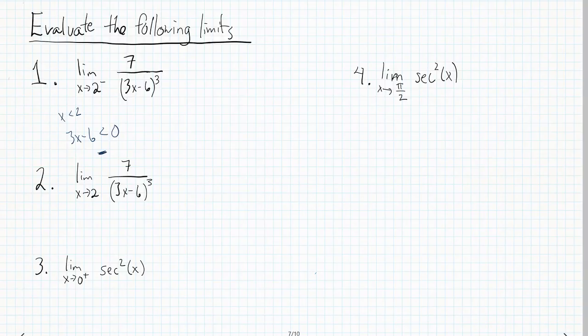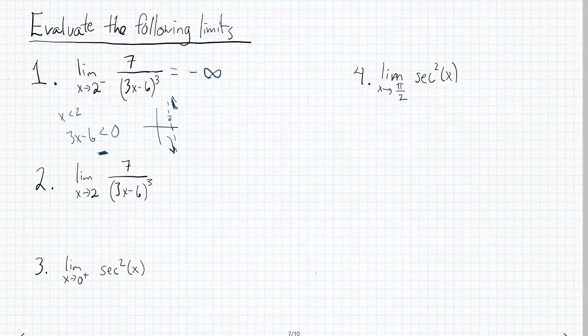So this thing is negative. So you have 7 over something approaching 0 from the negative side, which goes like this, so this thing equals negative infinity.